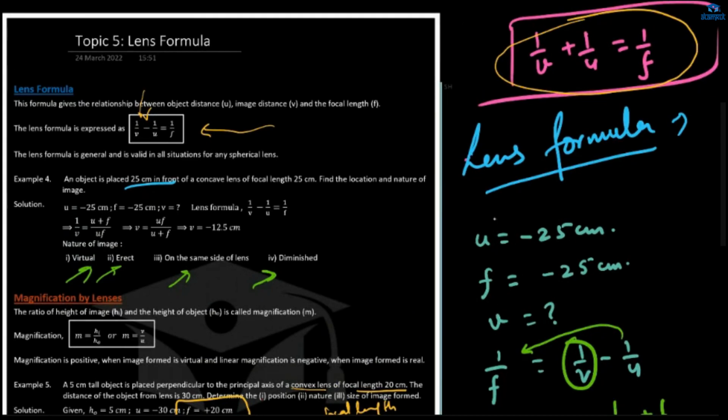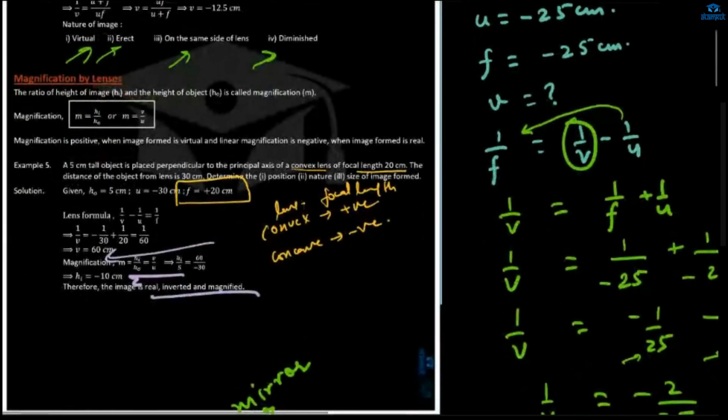The first is 1 by V minus 1 by U is equal to 1 by F. And the second one is for magnification.